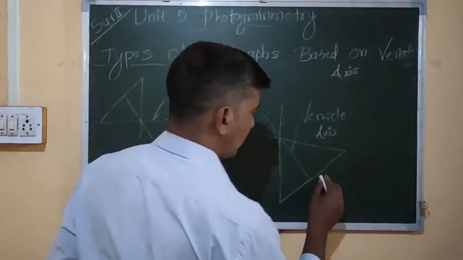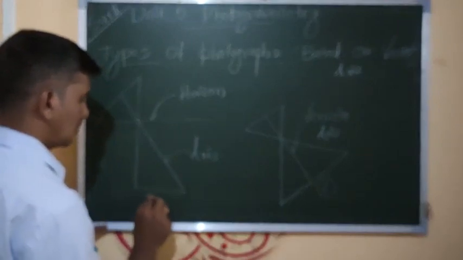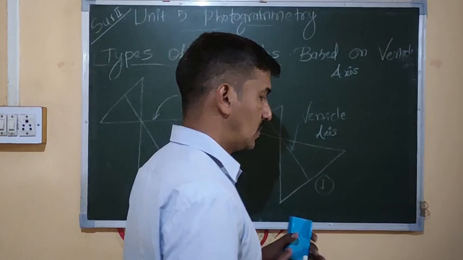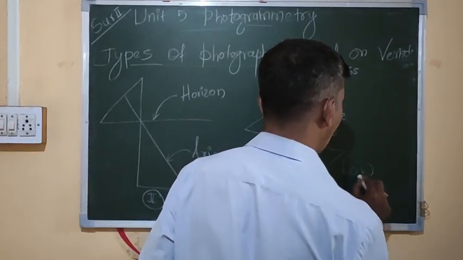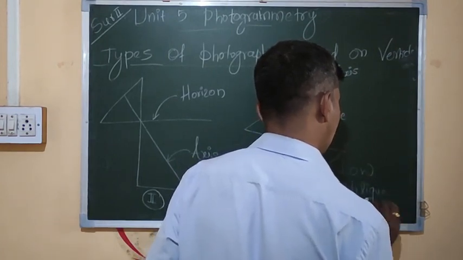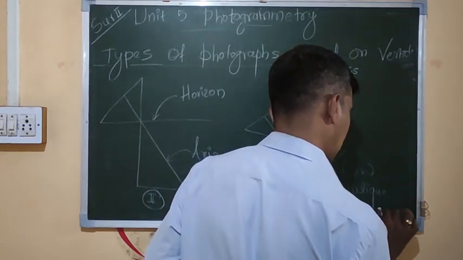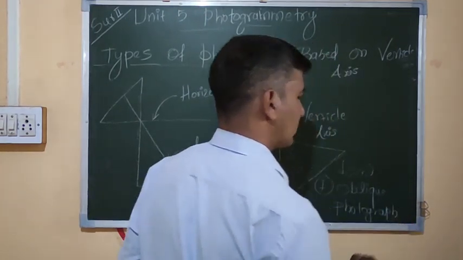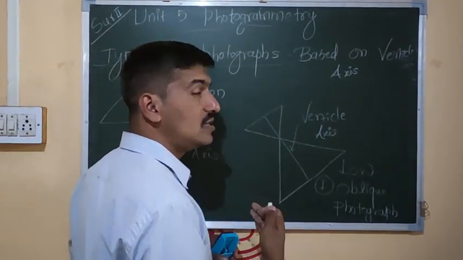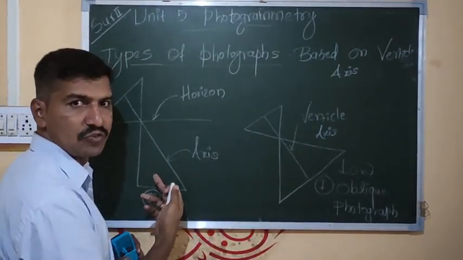So here, if I name these two figures with numbers, say this is our first, say this is our second. This first figure will be called a low oblique photograph. Why? Because it has taken a tilt. Again, if you compare these two figures, it is less tilted as compared with this.